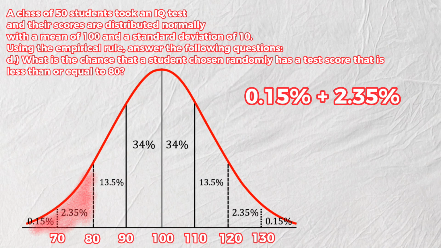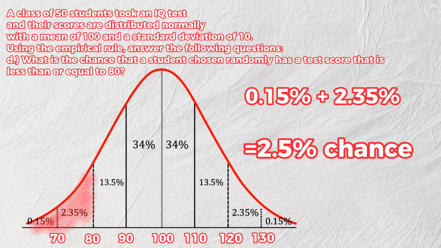Just get the sum of these values and we will have the final answer. Since we are looking for the chance, the final answer for this should be in percentage. Therefore, there is a 2.5% chance that a student chosen randomly has a test score that is less than or equal to 80.